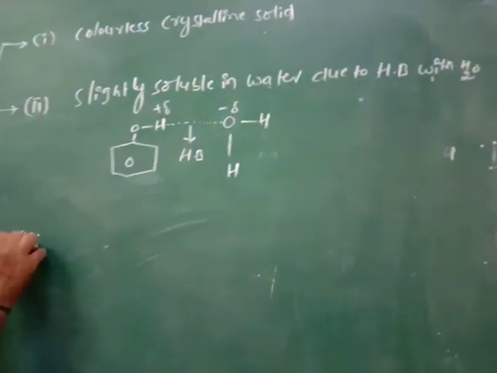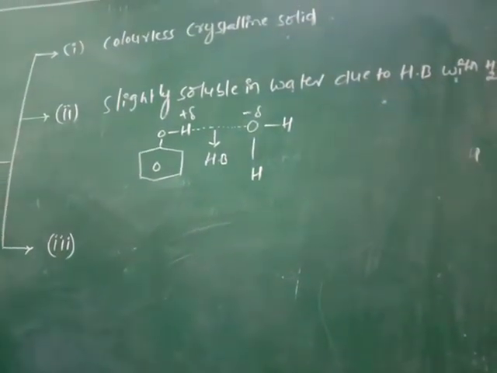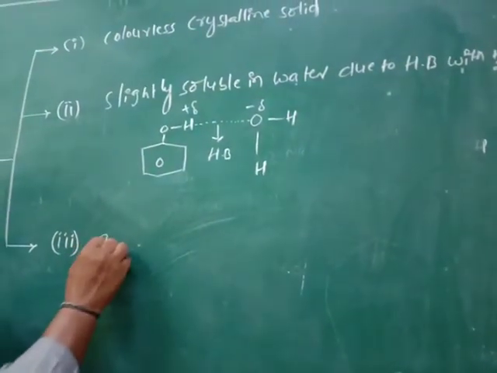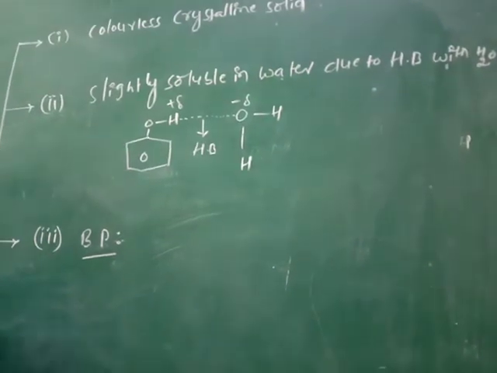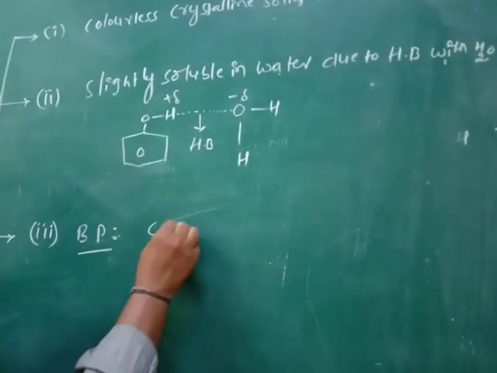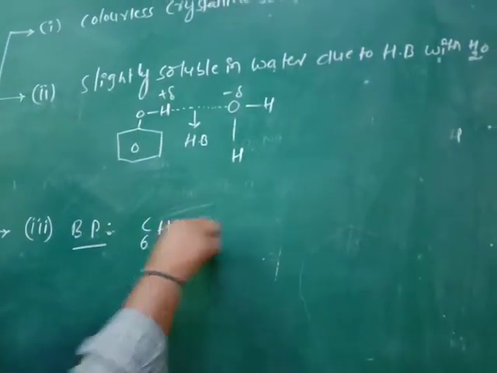Then the third one is the boiling points of phenols. Phenols are C6H5OH.